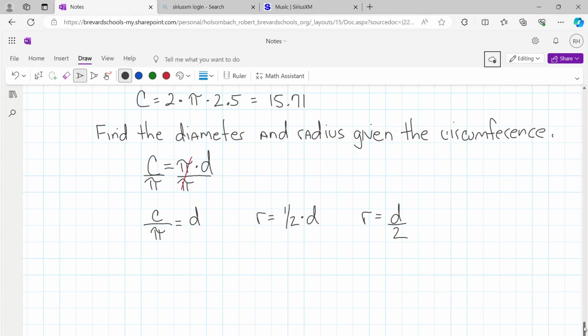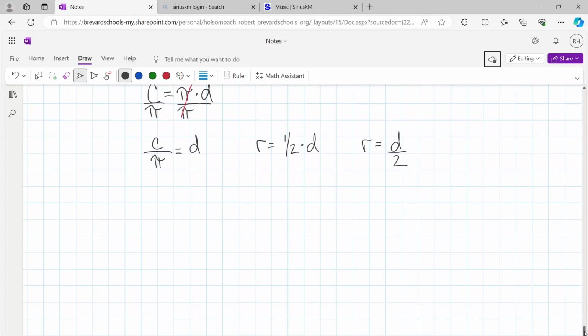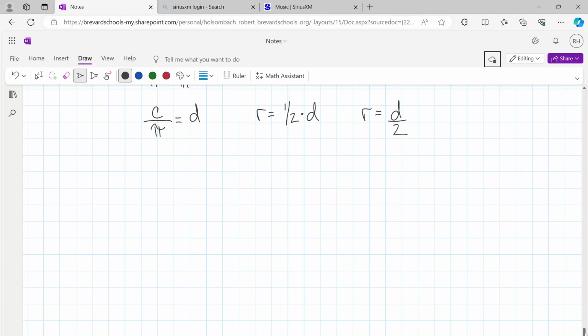And if you follow this process, these problems are relatively simple. So again, we're going to find the diameter and the radius given the circumference. So let's say that our circumference is 106.4. So if C is equal to 106.4, we're going to find D and R.